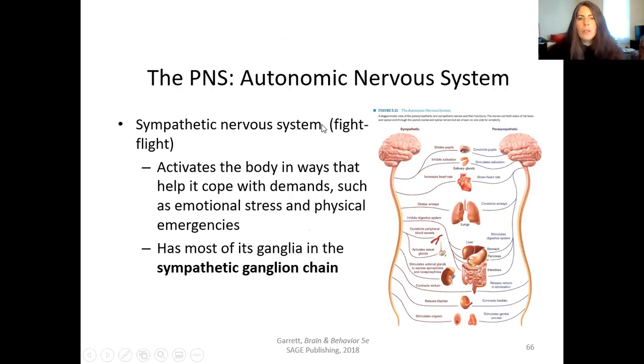Again, the sympathetic nervous system is the fight or flight. It activates the body in ways that help it cope with stress or demands, emotional or physical stress and emergencies. And it has most of its ganglia or cell bodies in a sympathetic ganglion chain. They are more likely to be activated together or in sympathy.